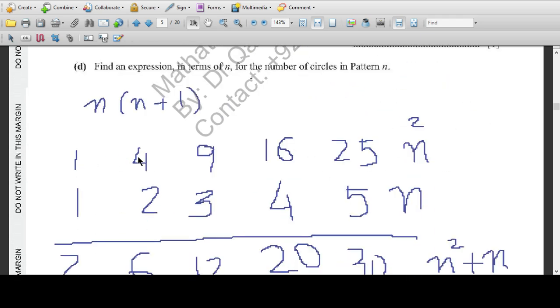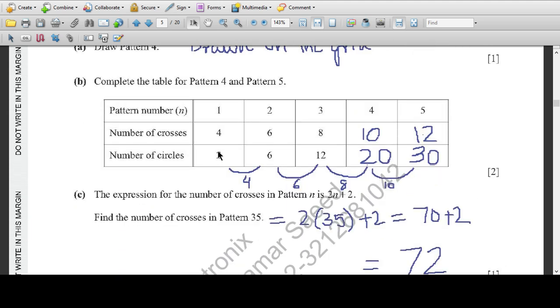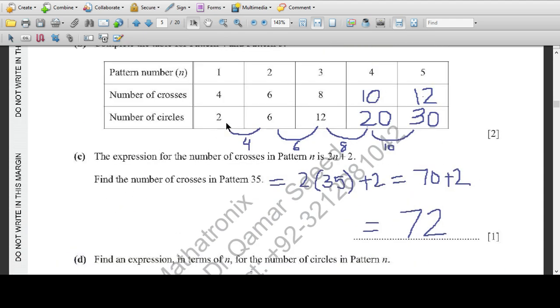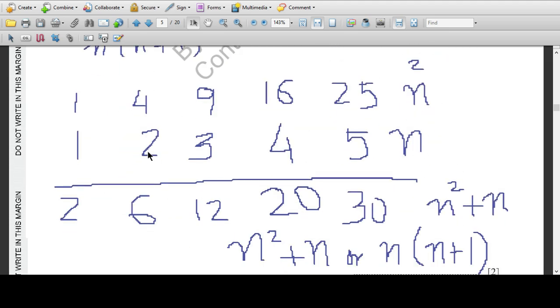So we have written down 1, 4, 9, 16, 25. After subtracting 1 from 2, the remaining is 1. After subtracting 4 from 6, we have 2.